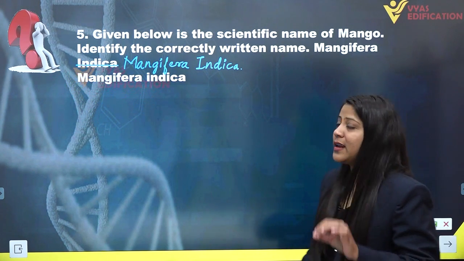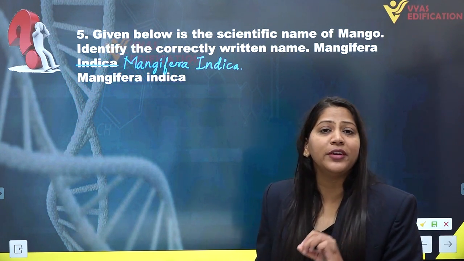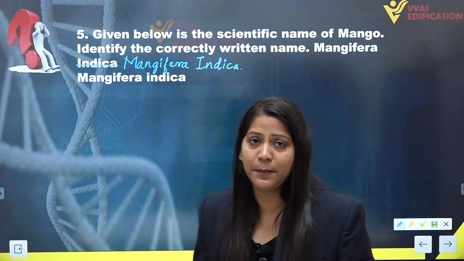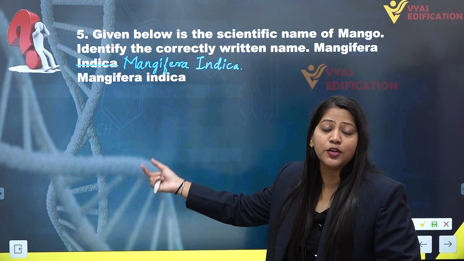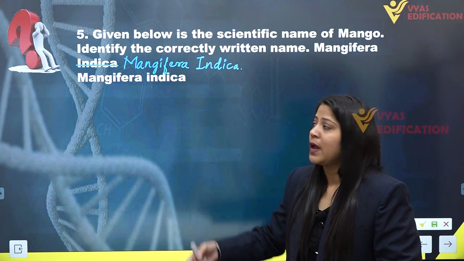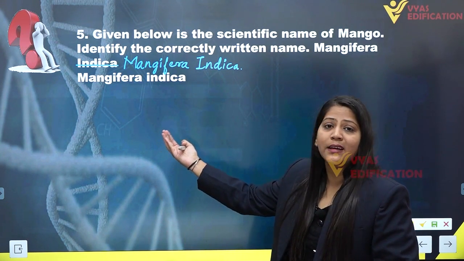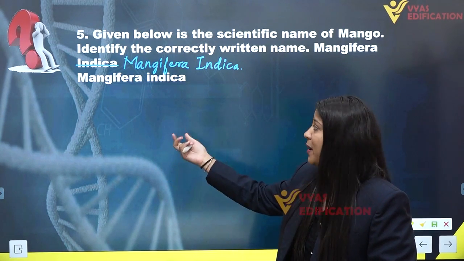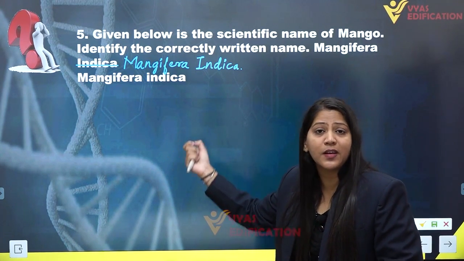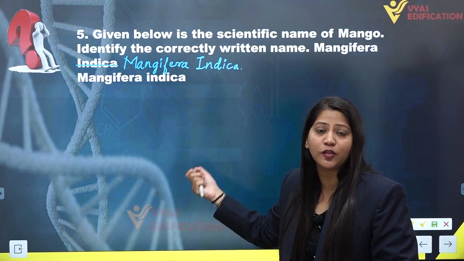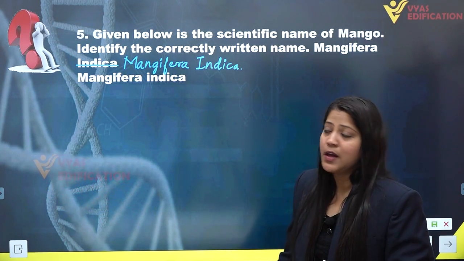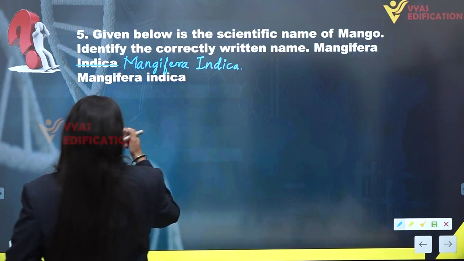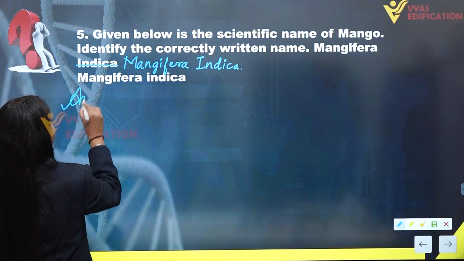That when the scientific name of a living organism is typed, then the first letter of the genus should be in capital, and the first letter of the specific epithet or species should be in small letter.